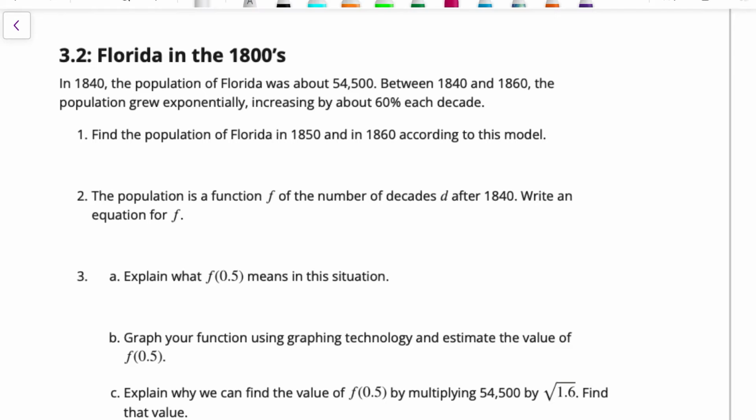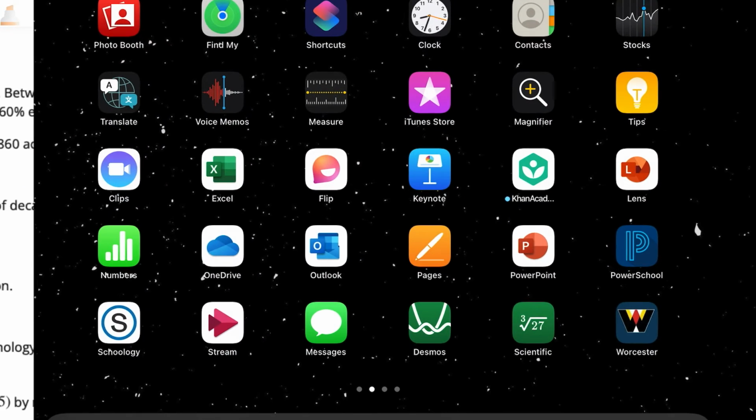All right, so let's take a look at that first. So it was increasing by 60% each decade. So we're going to take our 54,500 and we're going to multiply by 1.6 because it's growing by 60% each decade. And so from 1840 to 1850, it's going to grow by 60%. Let's get our calculator back here.